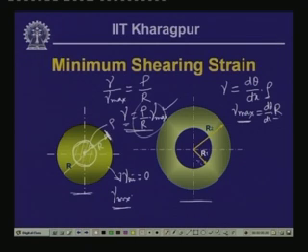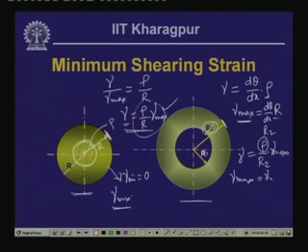Now, in case of tubular shaft, gamma in terms of this, if we write as rho, at any radius, divided by outer radius, here R2, so gamma is rho by R2 times gamma max. When rho becomes R2, then the value of the strain is gamma max, which is on the outer periphery. Since we do not have any material at the core, the material starts at a distance of R1 from the center.